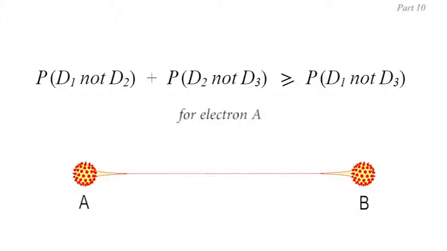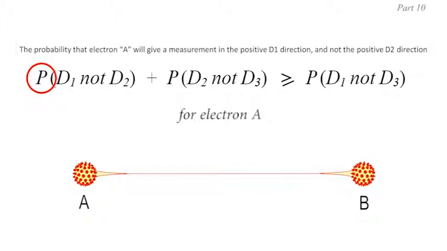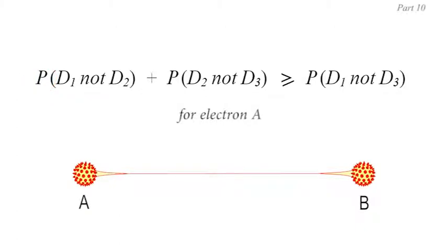Now, I'm sure there are some people who are somewhat confused by these three statements. Look at the first of these. The probability that electron A will give a measurement in the positive d1 direction and not the positive d2 direction. What does that mean? Okay, it was easy to get our head around the equivalent statement for hidden variables. It was to do with the number of A electrons that carry information to be measured in the positive d1 direction but not the positive d2 direction, which in that case essentially meant the negative d2 direction.